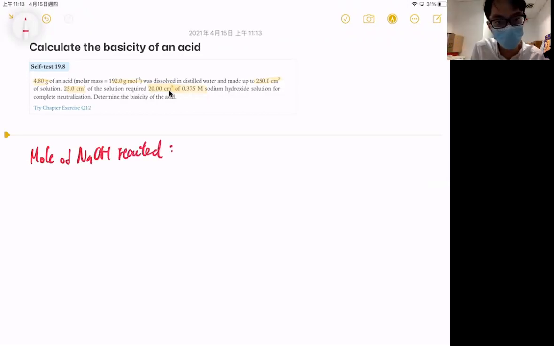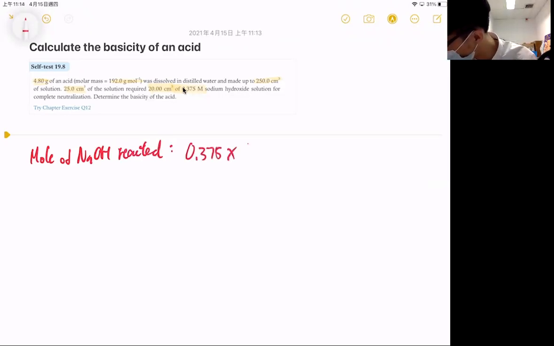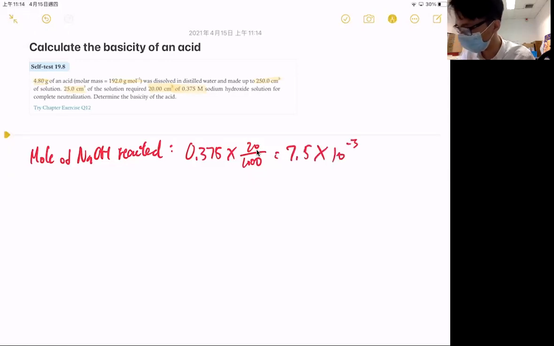We have the volume and the molarity, so we multiply 0.375 with the volume, and you do the calculation by yourself. You will get 4.5 times 10 to the power of -3 mole.